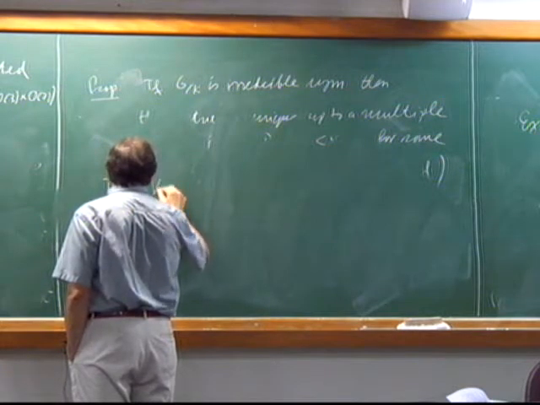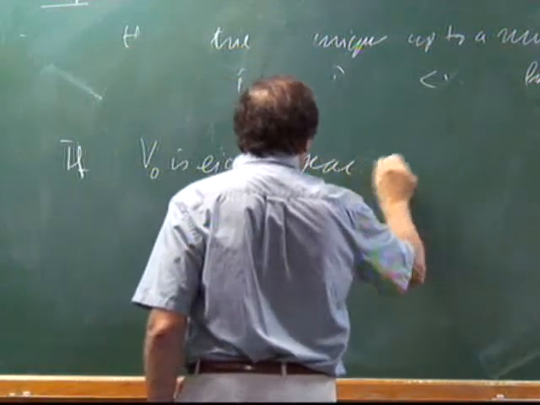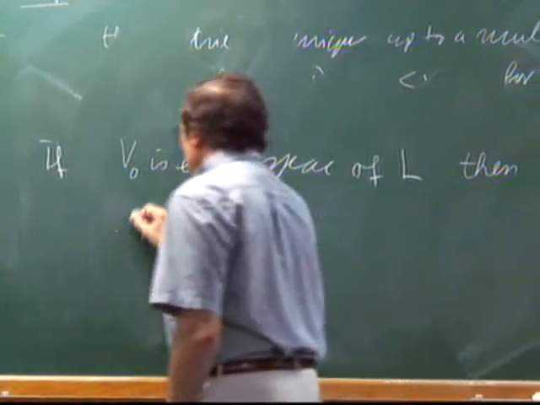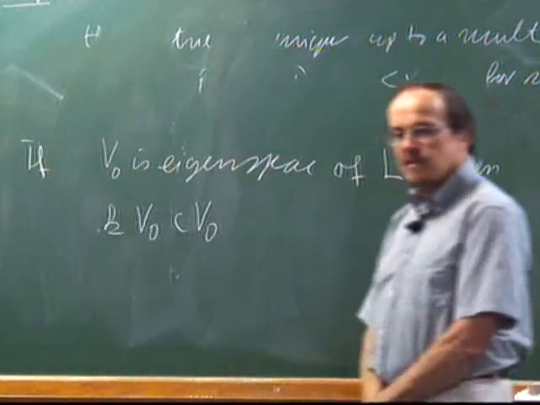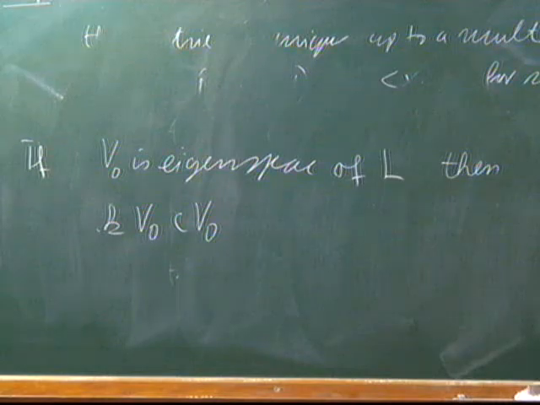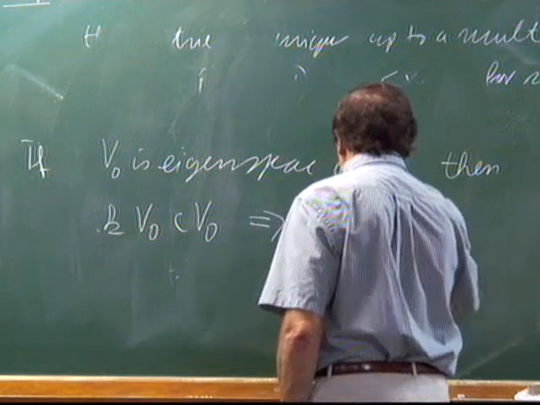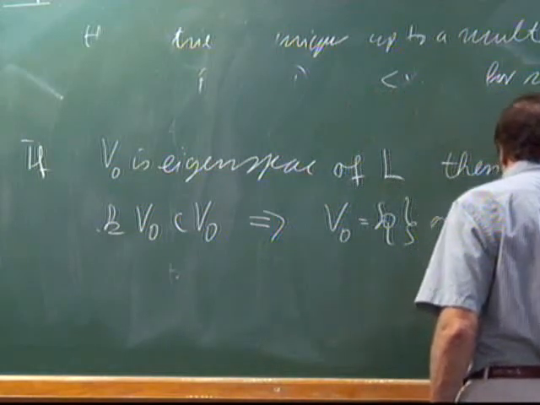Say V naught is an eigenspace of L, then K V naught is contained in V naught because K commutes with L. It preserves eigenspaces. Of course, if V is irreducible, this implies that either V naught is trivial or V naught is equal to V.